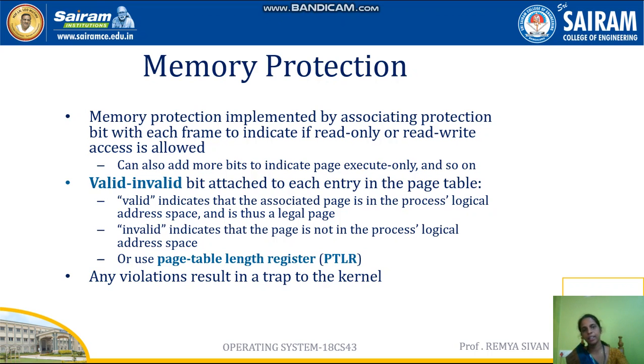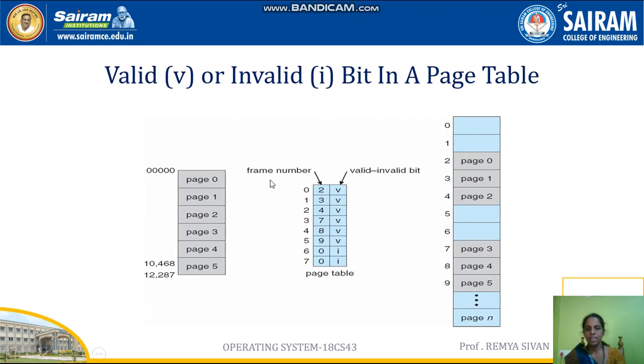I'll explain it with the help of the diagram. See, this is your page table. There is one extra column, and that column is for the valid-invalid bit. We indicate valid with V and invalid with I. So page 0 will be there in frame 2. Correct, so valid. Page 1 will be there in frame 3. Correct, so valid.